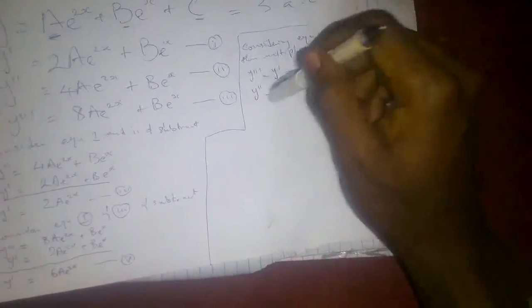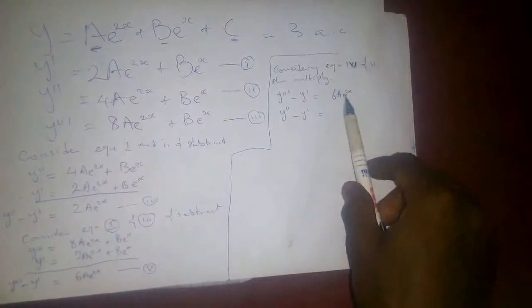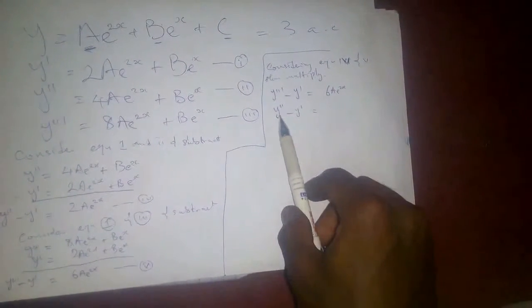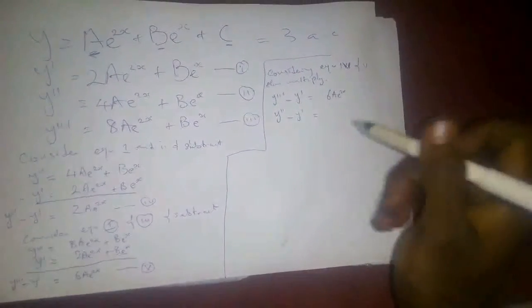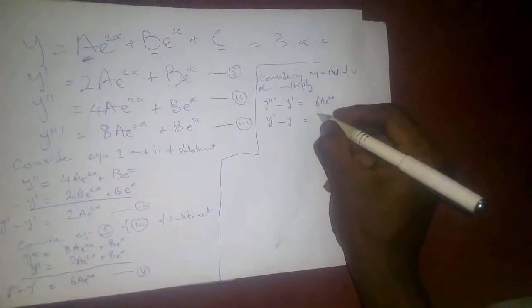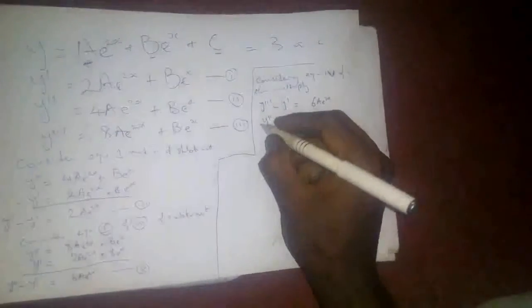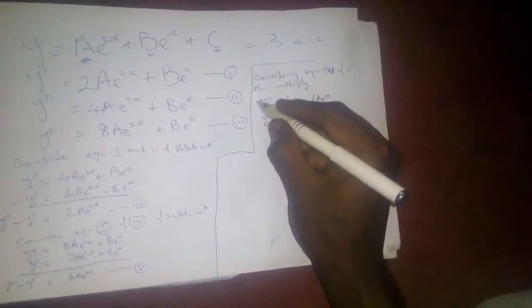Which will give you 2ae^(2x). But this time we are going to see a way through which we can make both of them equal in their result. Since this is a higher number, what are we going to introduce here, since already we have 2ae^(2x) for equation 4? Mind you, this is 4, while this is 5.